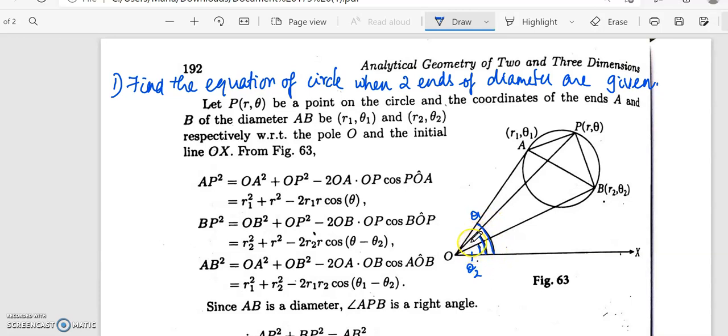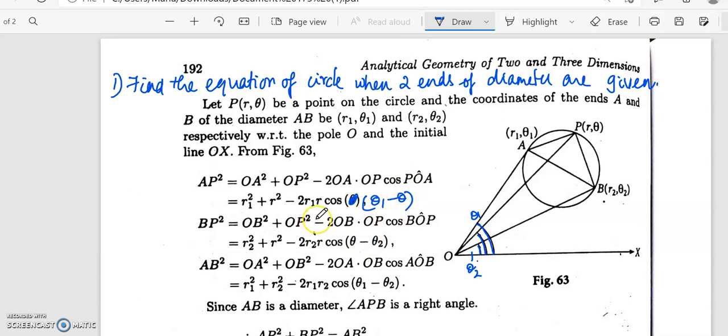So that will be equal to R1 square plus R square minus 2 R1 R cos theta 1 minus theta.